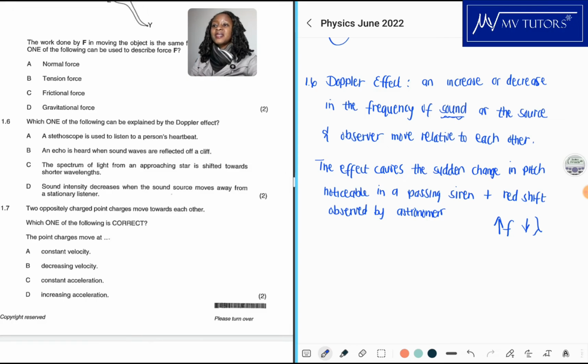And then D: sound intensity decreases when the sound source moves away from a stationary listener. If you read that quite quickly, you'd be like, yeah, definitely D is one of the options. But here they are referring to intensity. With the Doppler effect, we are interested in the frequency. So what's the difference? Think about a piano.